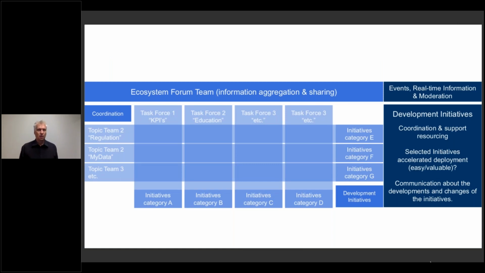So to look at how to structure the ecosystem operator, we need to first look at the structure from another perspective. And this is what we call the ecosystem forum.